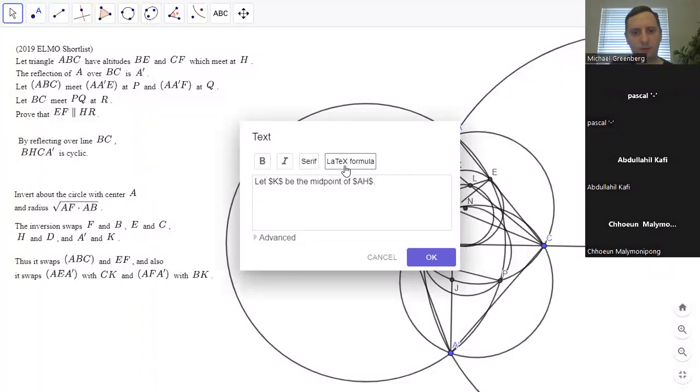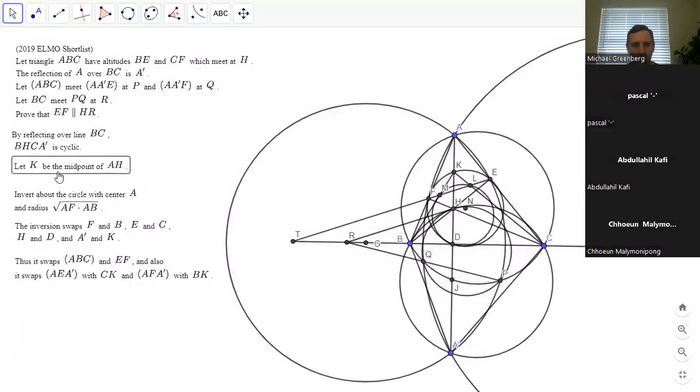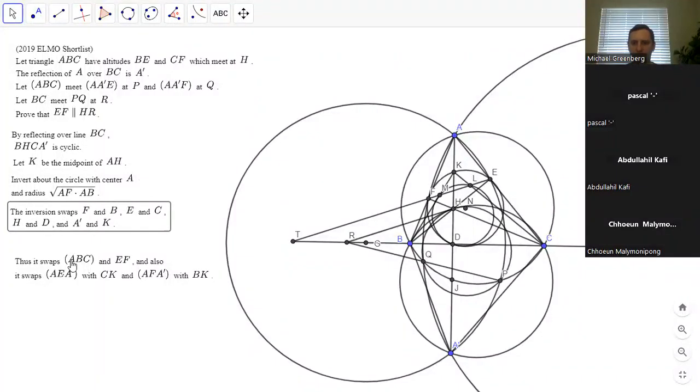Okay. And then, okay. So therefore it swaps line PQ with line LM. Or it swaps the circle PQH with the circle LMD.